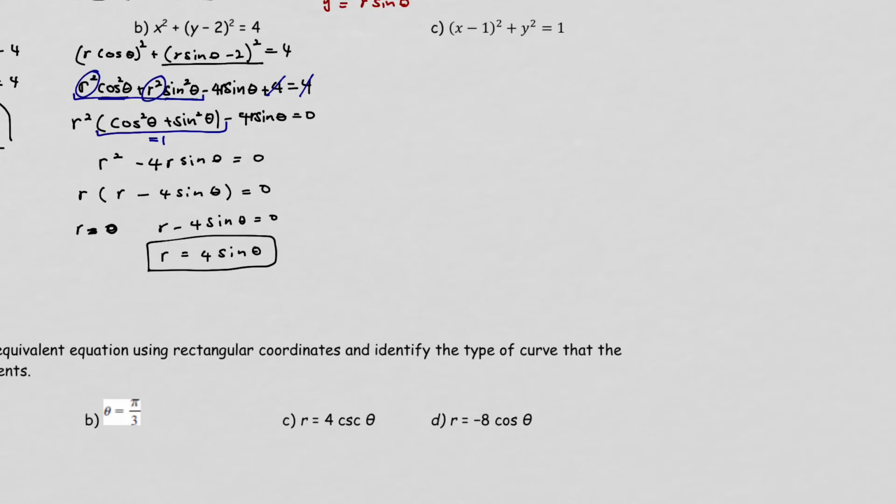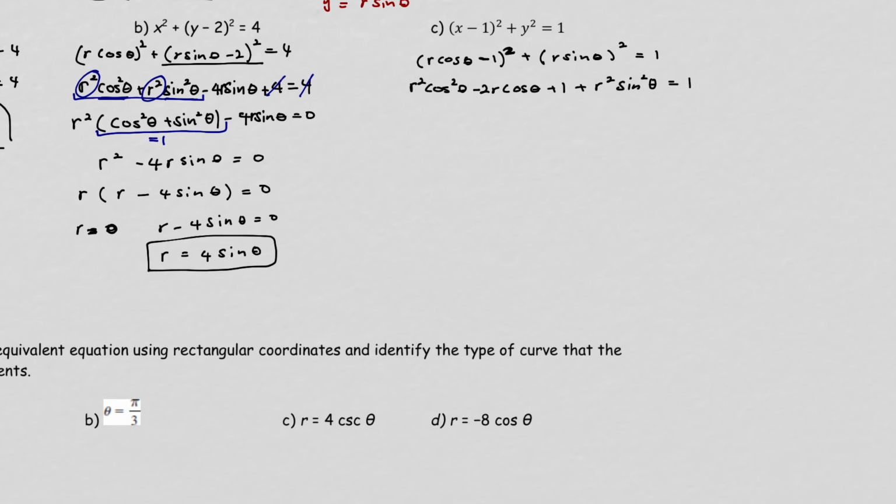Let's try one more. So converting x to r cosine theta, and converting y into r sine theta, and then open the parenthesis, right? Simplify it and solve for r is what we're doing. So that gives you r squared cosine squared theta minus 2r cosine theta plus 1, when you FOIL this, because you have a square for two terms. And this one will be r squared sine squared theta.